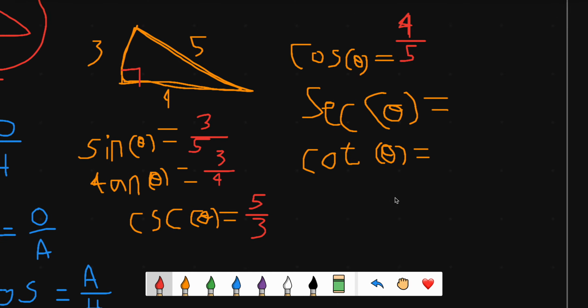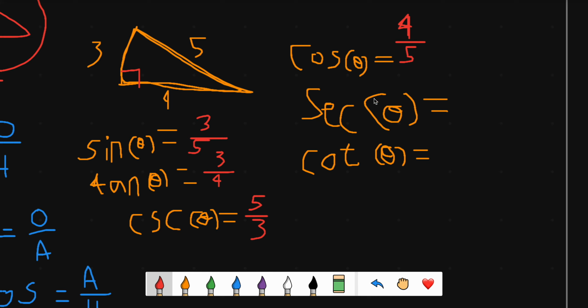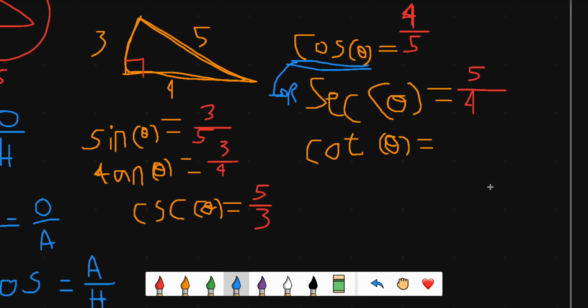Since the cosine is 4 over 5, and secant is the reciprocal of cosine, here it is 5 over 4. The reciprocal of cosine is 5 over 4. Yeah, it is true.